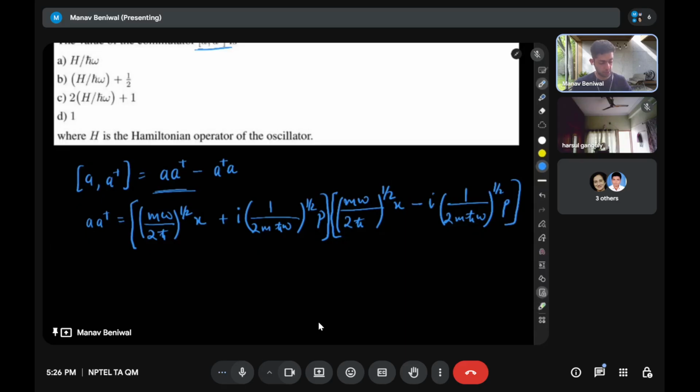If I simply write it down, this becomes m omega by 2 h cut, and the square root and half cancel each other, so this becomes x squared. Similarly, I have iota and minus iota, which means minus iota squared, which is plus 1 over m h cut omega, and this will give me p squared.